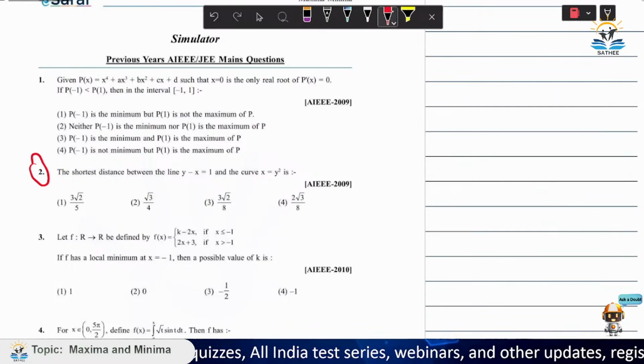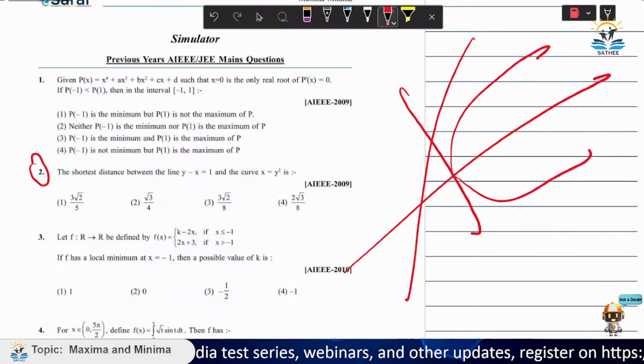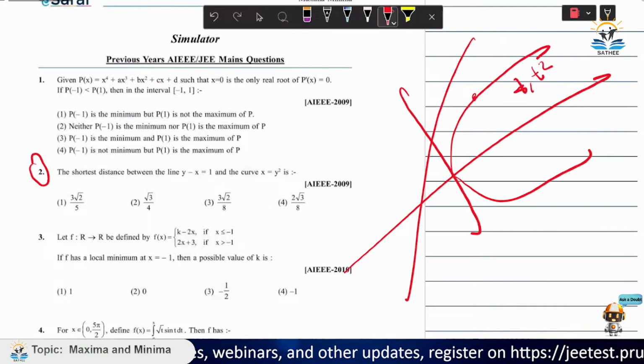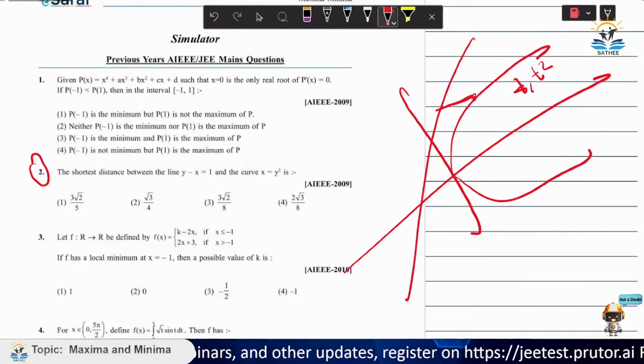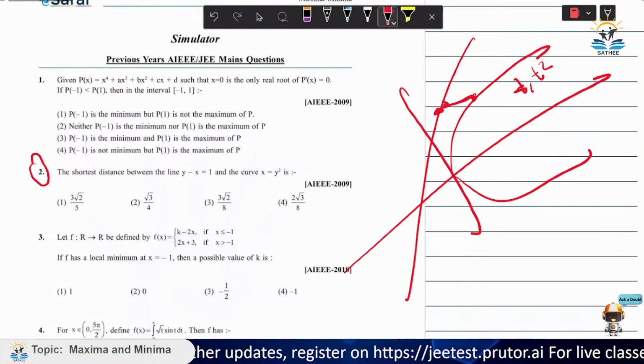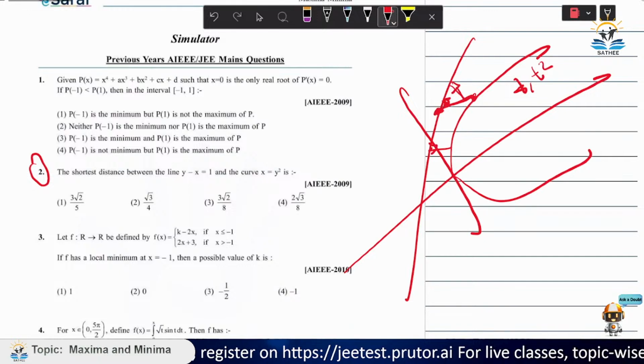So what they have taken here is this is the parabola and this is the line. They have taken a point t comma t square, and calculated the perpendicular distance of this from the line. We'll check out the perpendicular distance of each point.